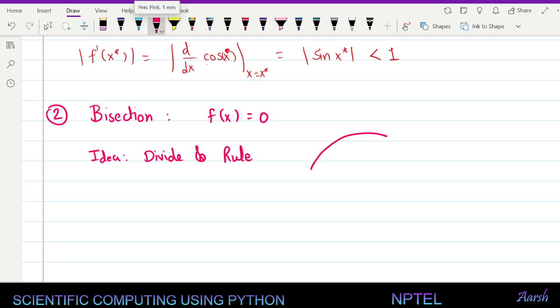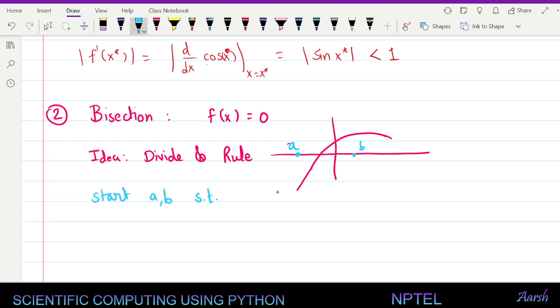So let's say this is your function, so you start with two points, a and b, such that a and b are on different sides of the zero.